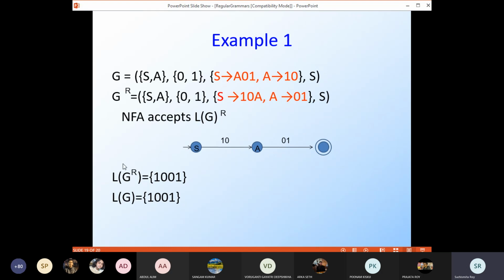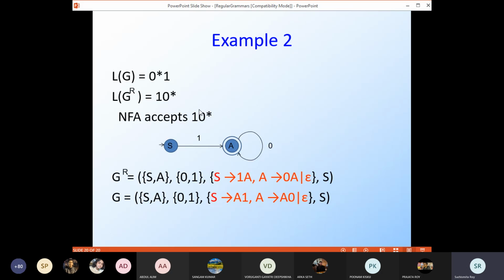And then you reverse the grammar itself to produce the reversed. Okay. So once you have produced this language, then you reverse the language. It's given here in the form of a regular expression. And then this NFA accepts the reversed language, and you produce a grammar for it.